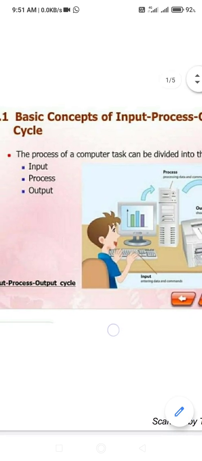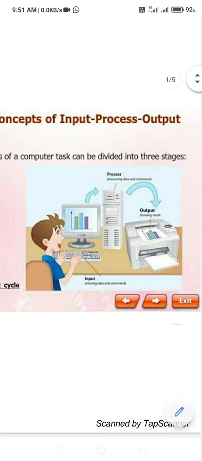Input, process, output. The boy is a user. He is using the keyboard, and with the help of the keyboard he gives the data and instructions to the monitor. That is your input, and the CPU stores the data and instructions and does its work on that particular instruction. That is known as the process.